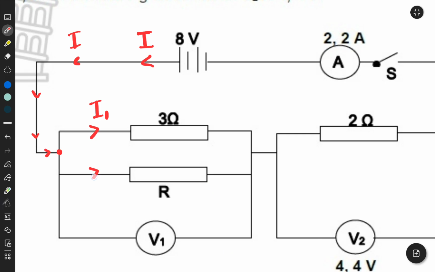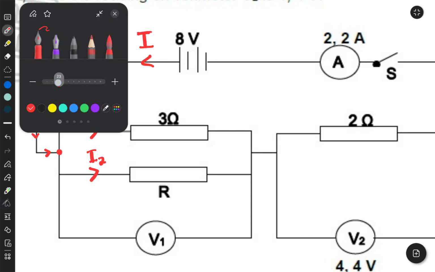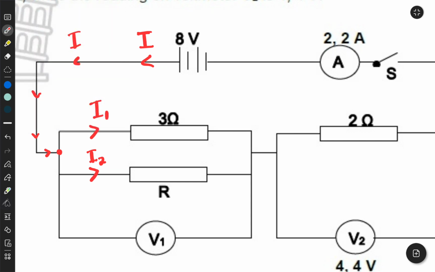And then the second branch will get I2, which means the current that will pass through the second branch. So we have I1 and I2, okay?